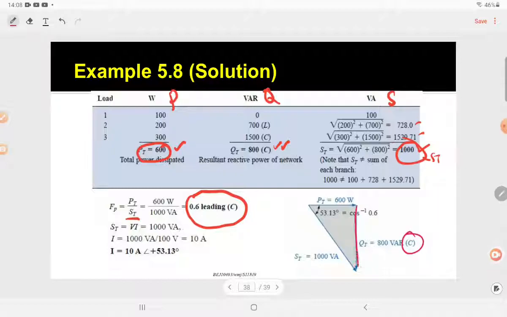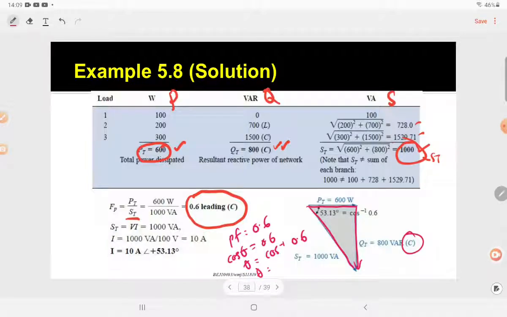So therefore, you get downwards Q, and then this is your ST, and this is your PT, right? From here we can find the theta value. Because the power factor is 0.6, cos theta equals 0.6. Theta is arc cos 0.6, which is theta equal to 53.13.